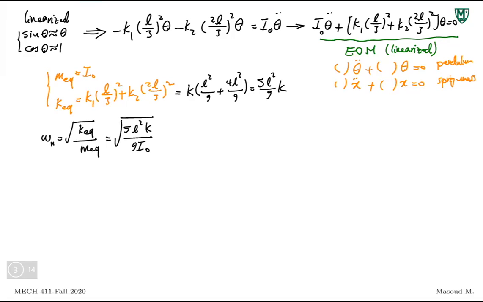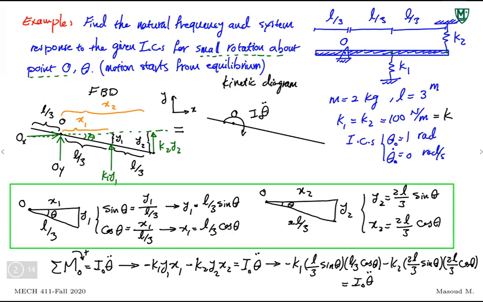Now, about that I_O, the mass moment of inertia about point O, we have to do something about that too. We are not given this value. We are given the mass, the length of the bar, and where everything is with respect to the point the bar is rotating around.